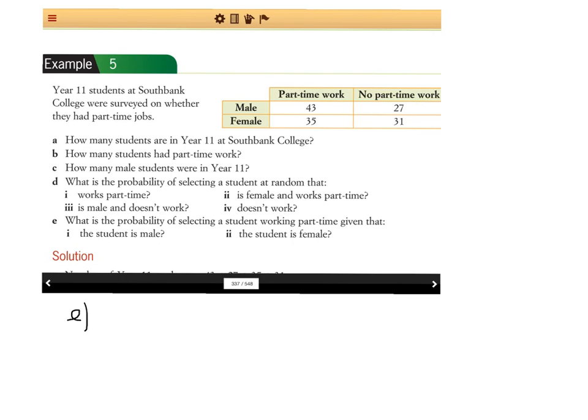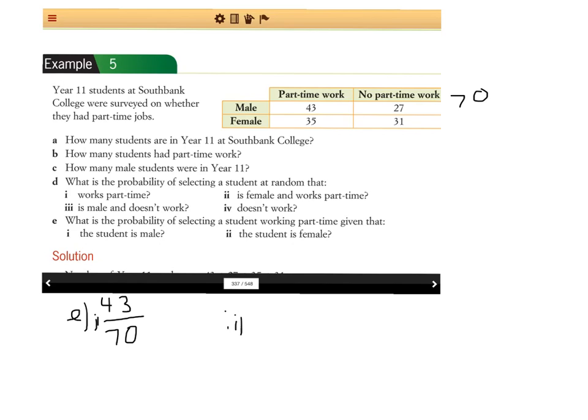If we're only choosing from the male population, which is a total of 70, that's what it's going to be out of. What are the chances of choosing a student working part-time? The answer is 43 out of 70. As always, we put it into our calculator to simplify it, and it is simplified already. Woohoo!